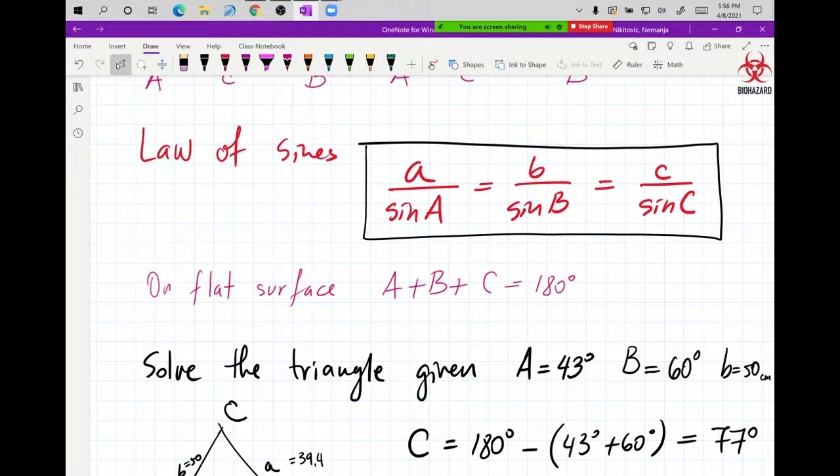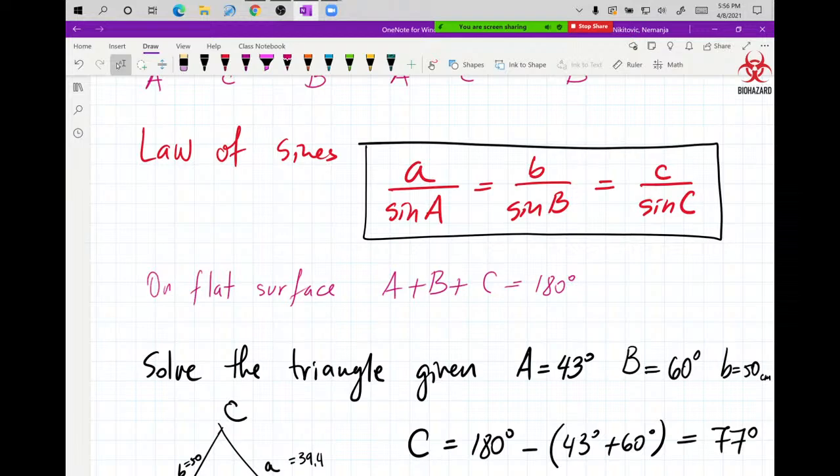Now, clearly, if someone gives you three angles, you can't compute anything, right? Because you don't have a reference to where to start with sides. But then you get into something called similar triangles, because all of the angles are the same, and then scaling up and down, right? Now, if you get three sides, we will see a method with law of cosines that will help you in that case.